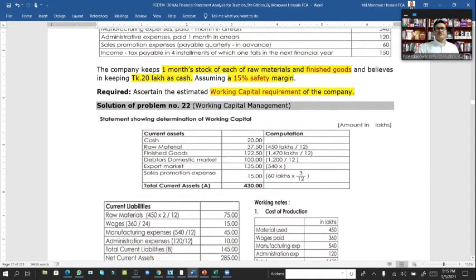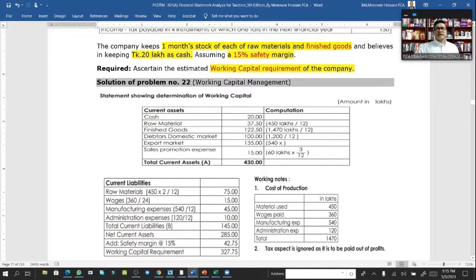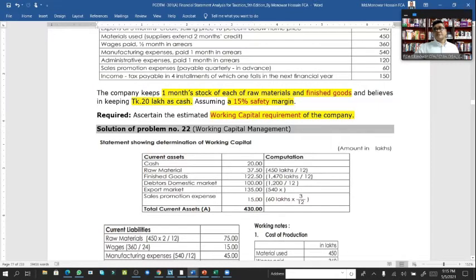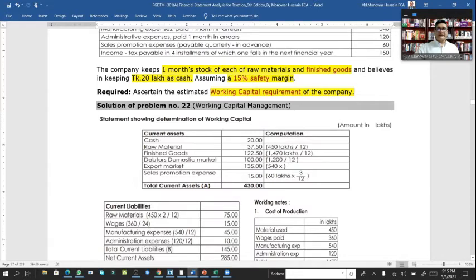So if we go for the solution here, at first we know the working capital we can calculate as current asset minus current liability. So first we have to calculate the current asset.